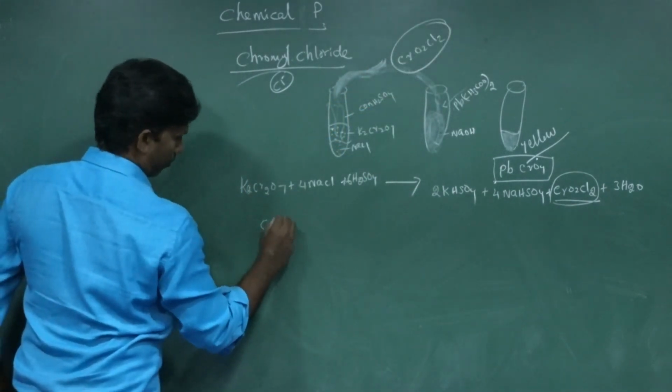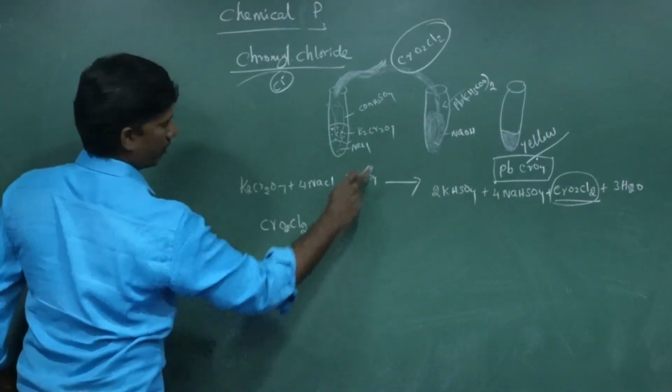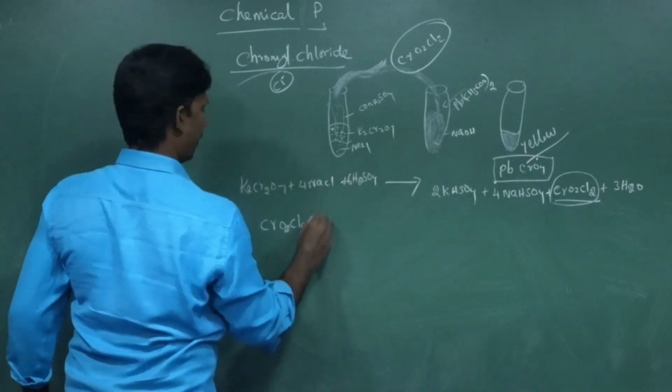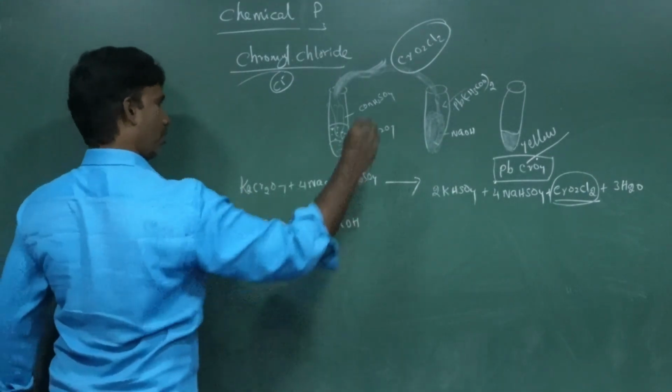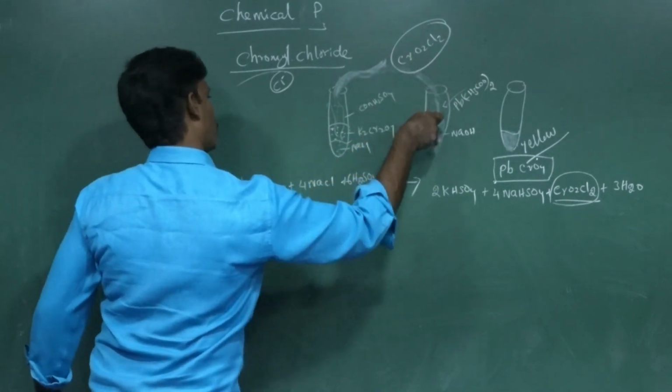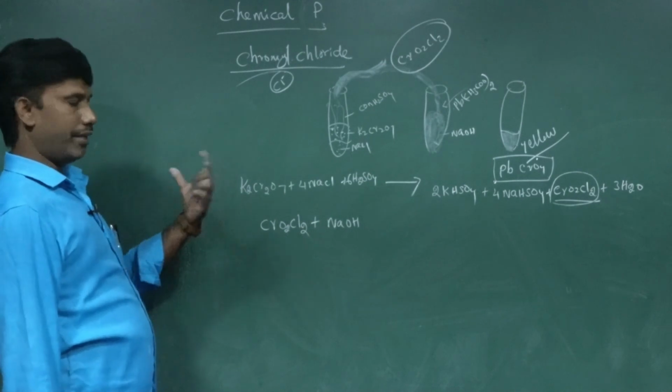Then you take the chromyl chloride and add an alkali medium, that is NaOH. Or the fumes are passed through the vessel or test tube containing NaOH.